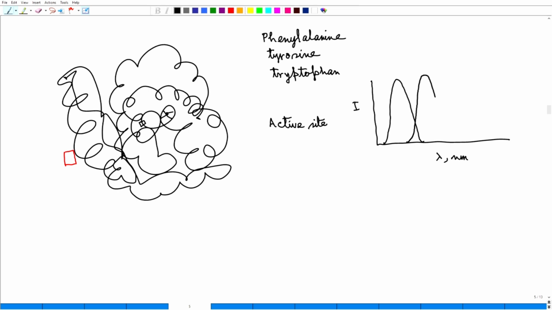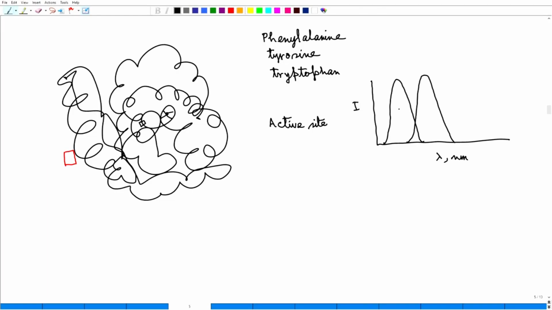Emission is always at longer wavelengths. That we know from our knowledge of fluorescence. Fluorescence, you have excitation spectra or say near like absorption spectra. Forget if you are not familiar with excitation, let us call it absorption spectra, then this is emission spectra.